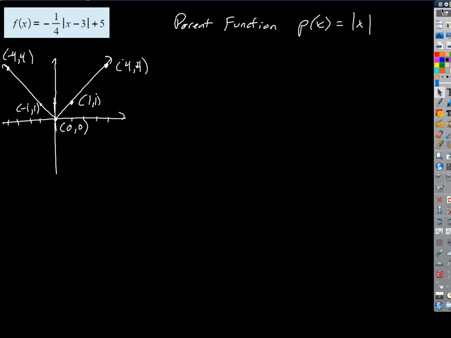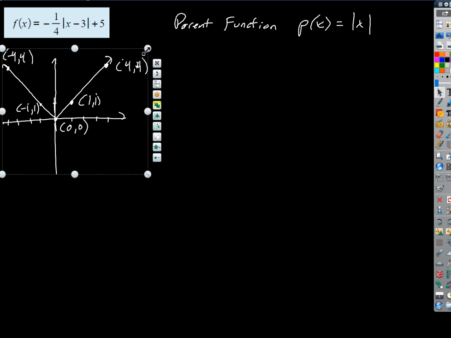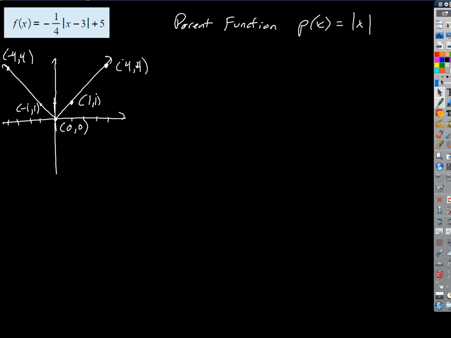It'd be nice to pick convenient points whose y values for the parent function are multiples of 4, right? So I could go over 4 and have a y value of 4. I could also maybe go over 8 and have a y value of 8. That would make sense too, right? Those are easy numbers to multiply by 1/4 to compress the y values. Does it have to be that? No, it doesn't, but it's just way more convenient.